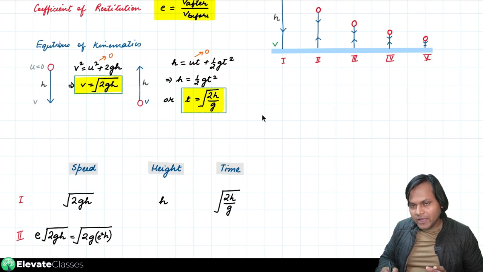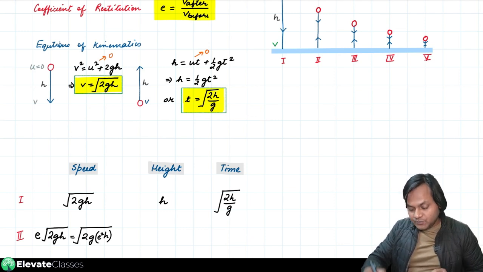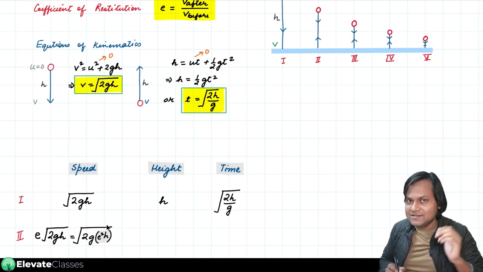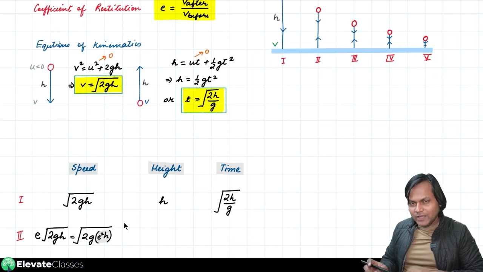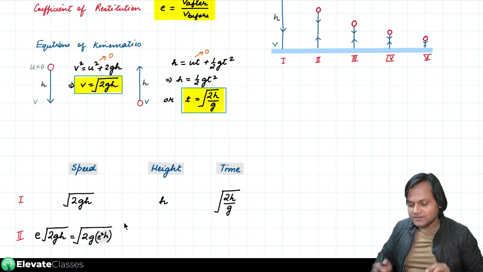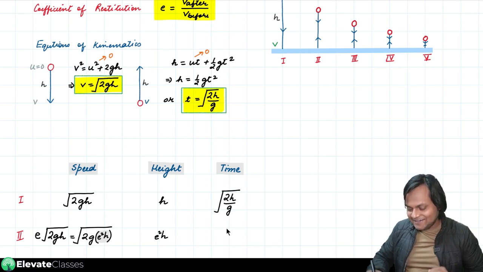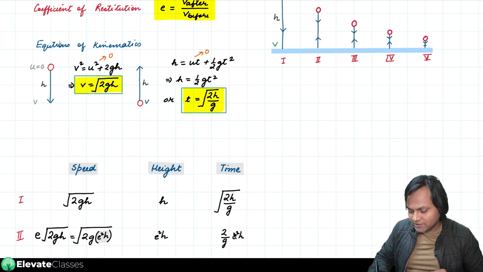Okay. Now, let us use these expressions in their general form. So if you look at a ball that is thrown up at a speed of root over 2g e square h, can you tell me what height it will climb up to? If you look at these expressions, it is kind of obvious that it will climb up a height of e square h, and it will take a time of root over 2 upon g times e square h.